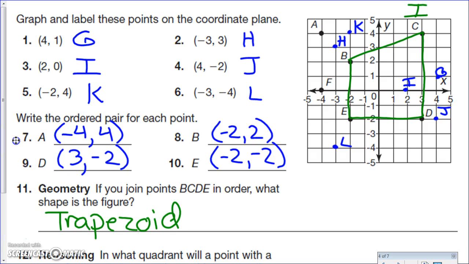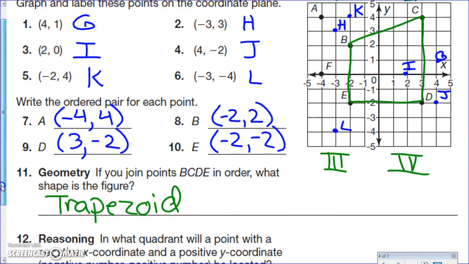And then the numbering continues counterclockwise, and it's always in Roman numerals. So if we look, a negative x-coordinate, positive y-coordinate is going to be in quadrant 2.